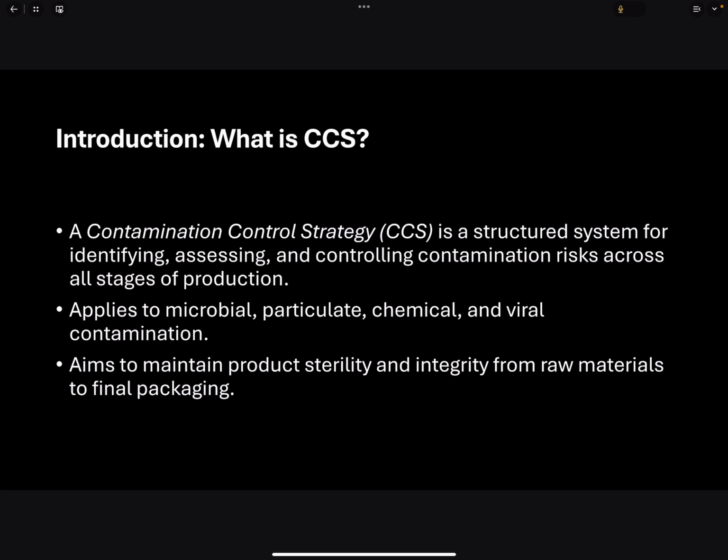It covers the entire manufacturer journey, from raw materials all the way to the final sterile product. In other words, CCS is not just one procedure. It's an integrated mindset that ensures sterility at every stage of production.